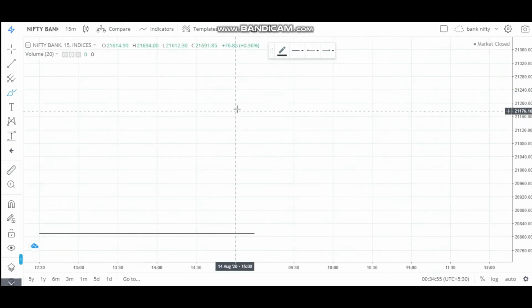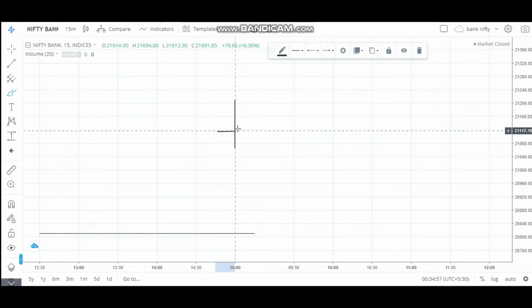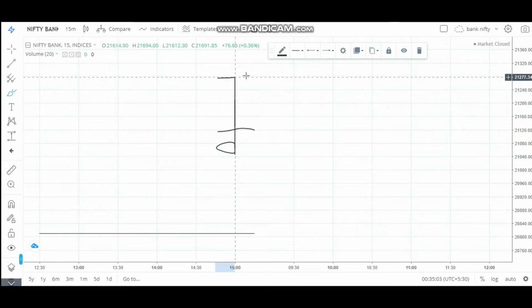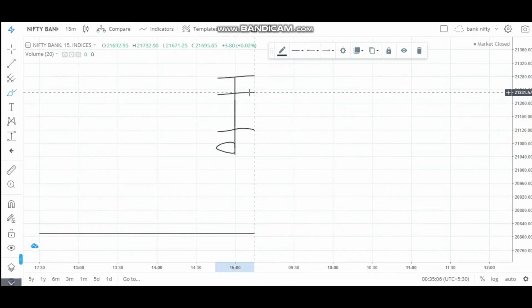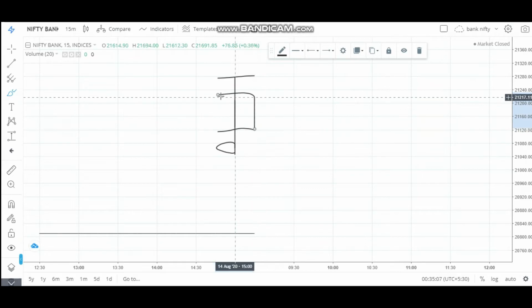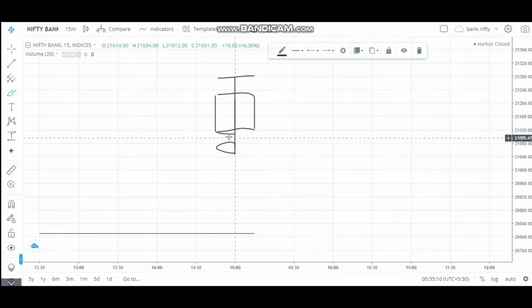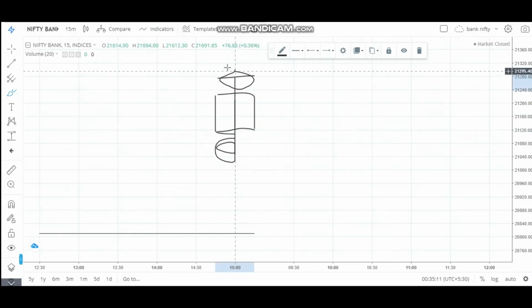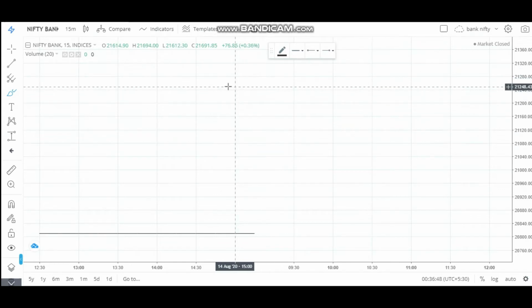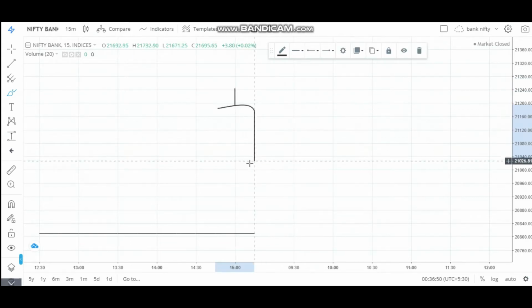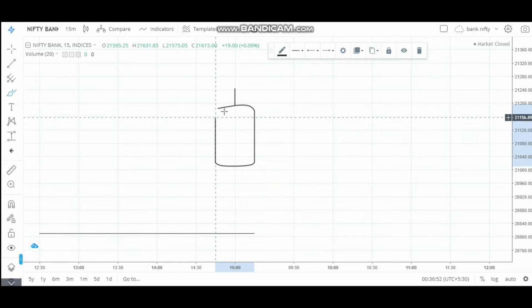So the candle normally forms this way. Here the candle opens, this is the low it made and it went up high, this is the high it made and it closed somewhere here. So this is the body of the candle, these two are the wicks. One single candle has a high, a low, an opening price and a closing price.